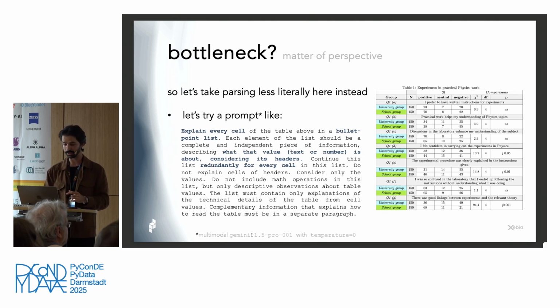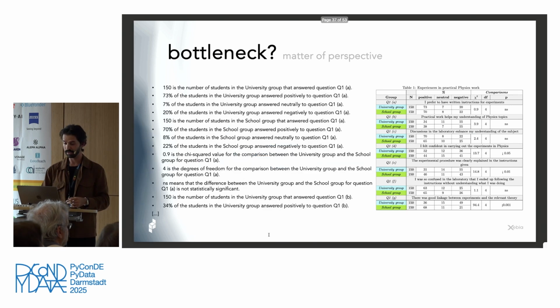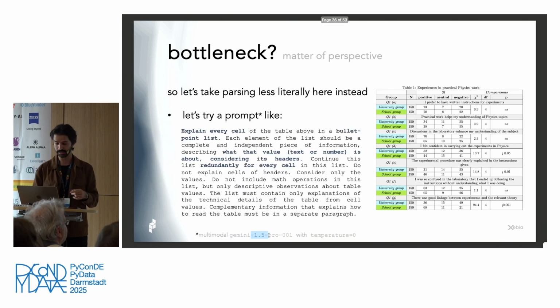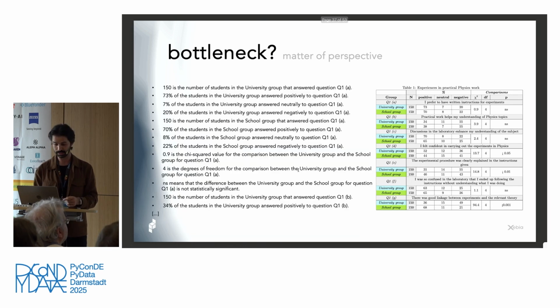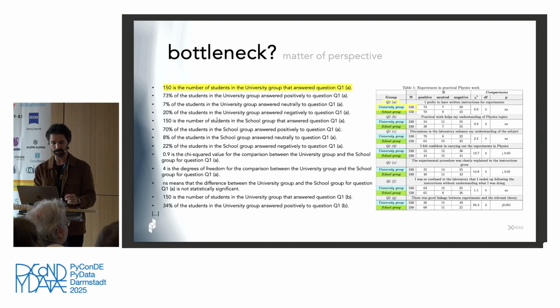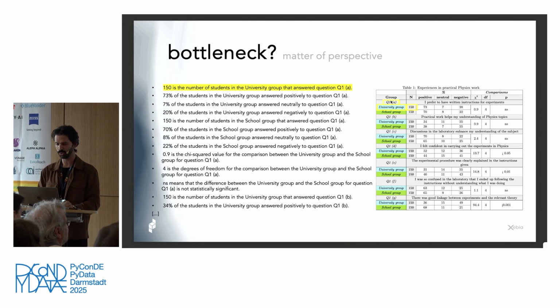And then I plugged this into an even obsolete model, and it managed to spit out this. So I'm asking for a redundant bullet point list for every value in here. So this is a very long list. Let's take a look at some of those bullets. So let's see, this is the first one. 150 is the number of students in the university group that answered question Q1A.